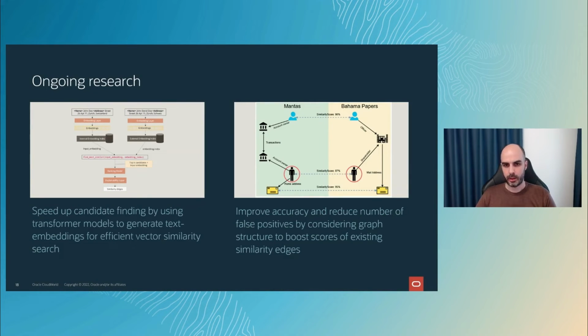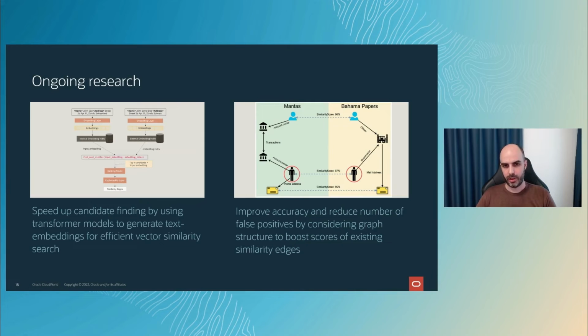So we want to use graph machine learning algorithms and other graph algorithms to find out if we can increase the scores or get a better matching accuracy by incorporating those kinds of details into the score.